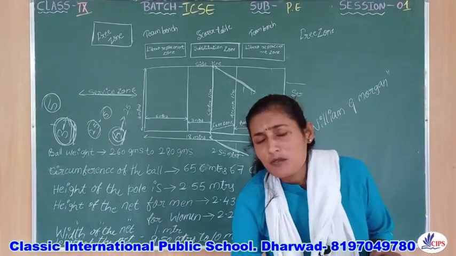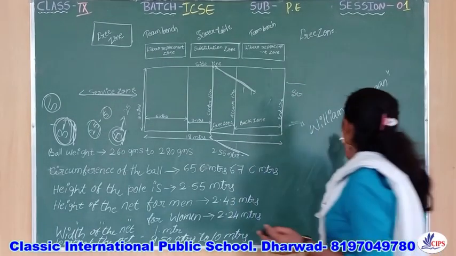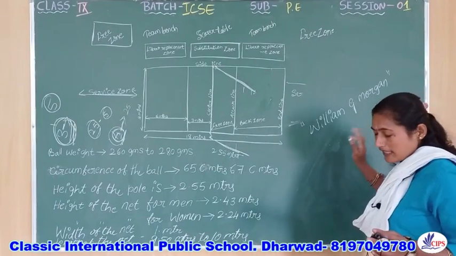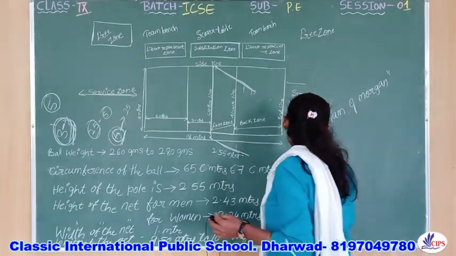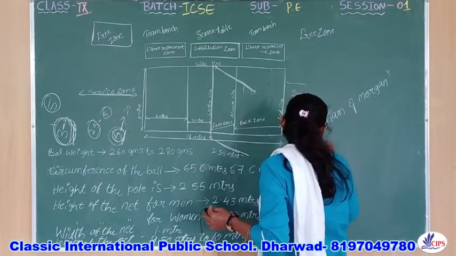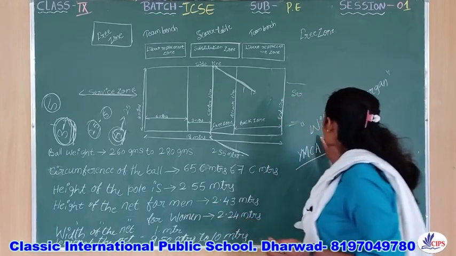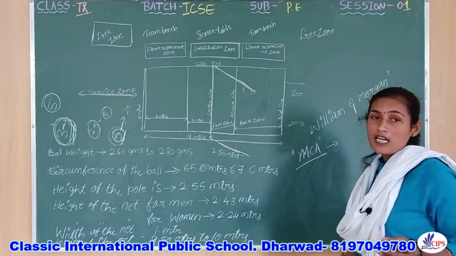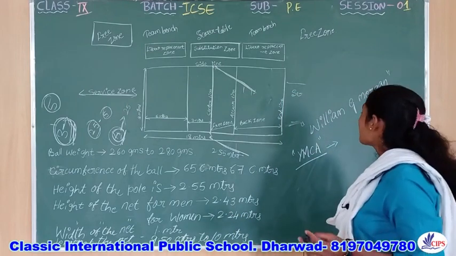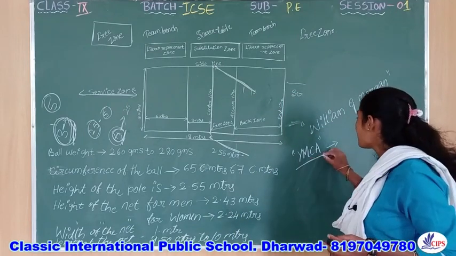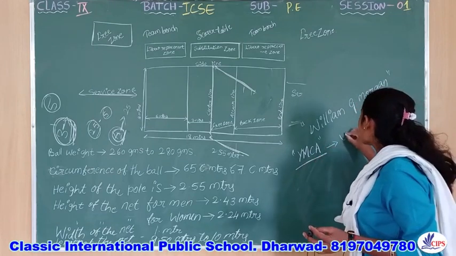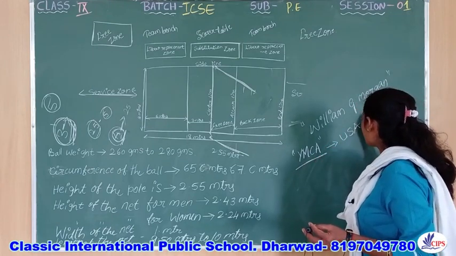Then what is the meaning of YMCA? What is the full form of YMCA? The full form of YMCA is Young Men's Christian Association. It is in the USA.